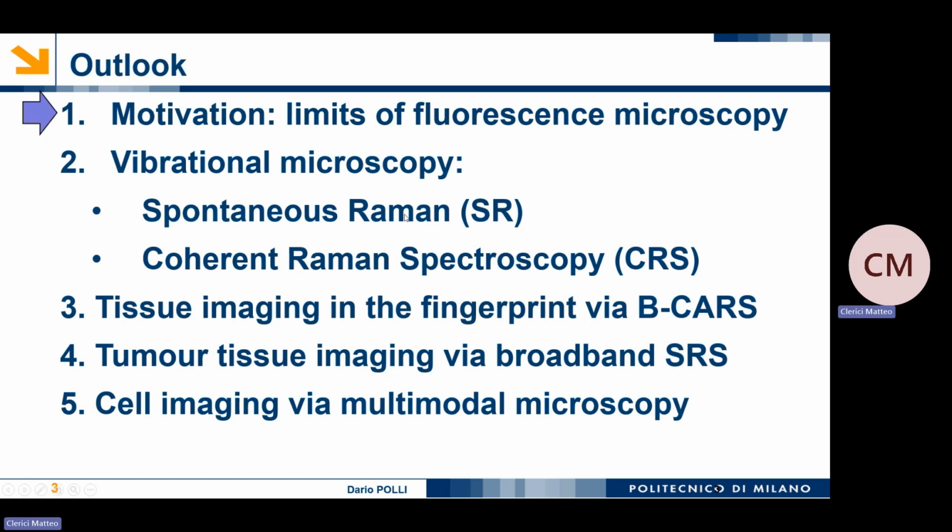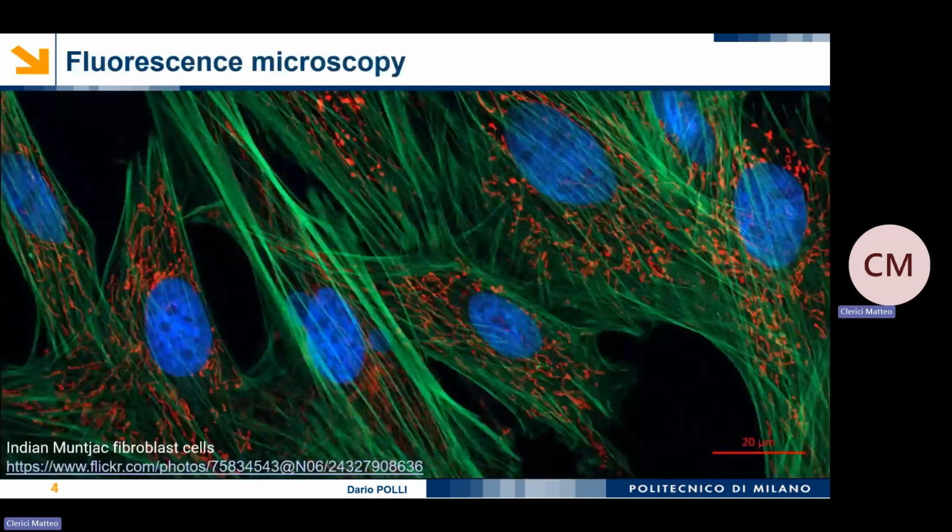Okay. So let's start from the motivation, which is to overcome the limits of fluorescence. Fluorescence, in 99% of the cases, is wonderful, can be employed in many scenarios. You can produce very nice images like this one.